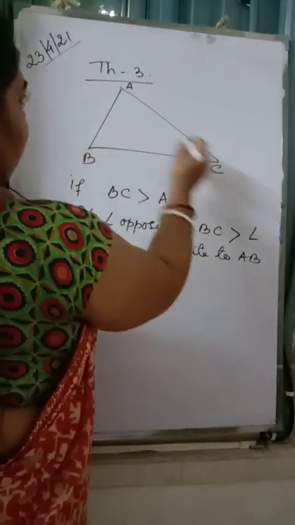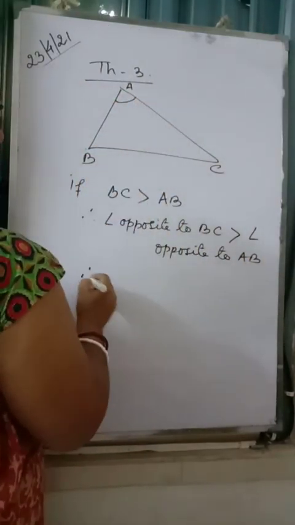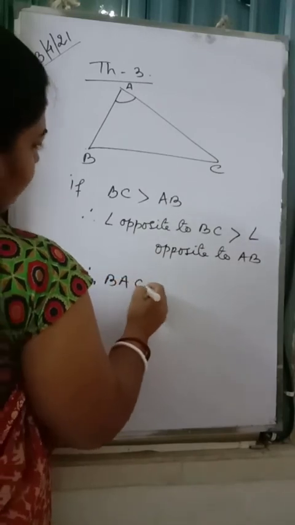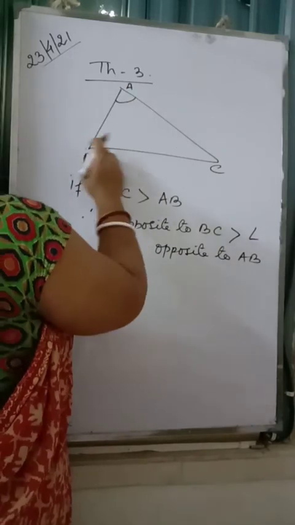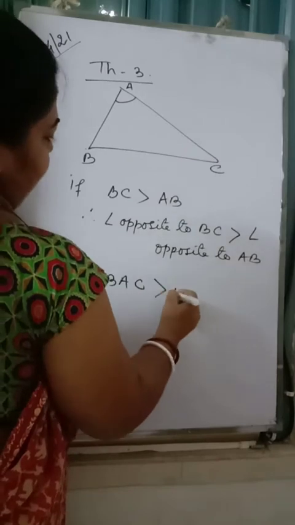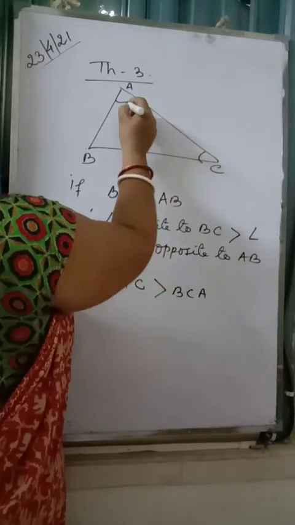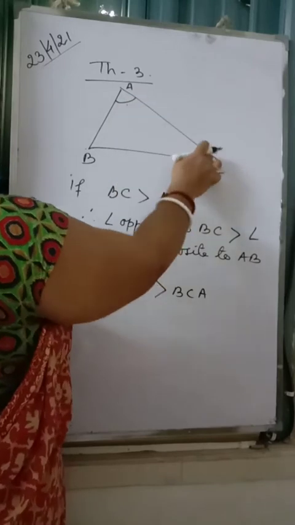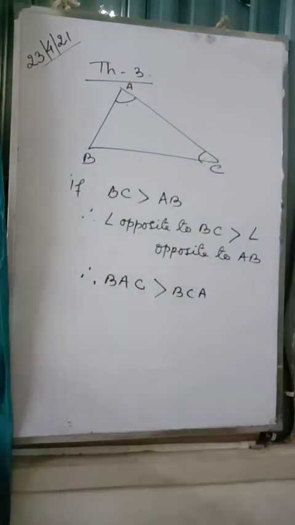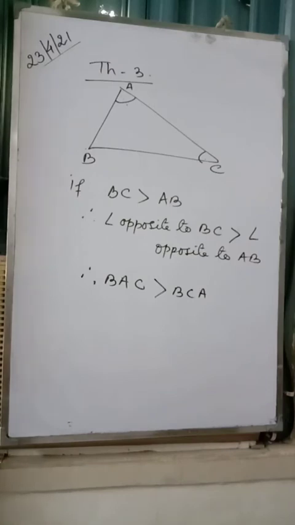So the angle opposite to BC, angle BAC, would be greater than the angle opposite to AB, angle BCA. So this angle would be greater than this angle, is it? So the greater side has the greater angle opposite to it, and the smaller side has the smaller angle opposite to it. That is theorem number 3.